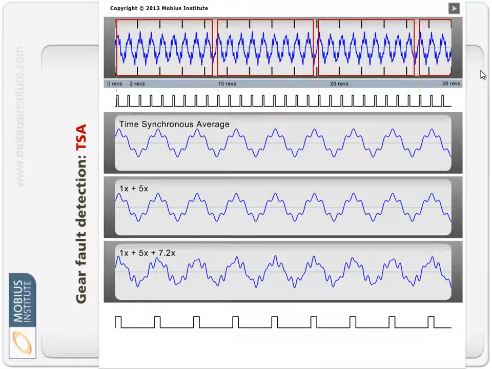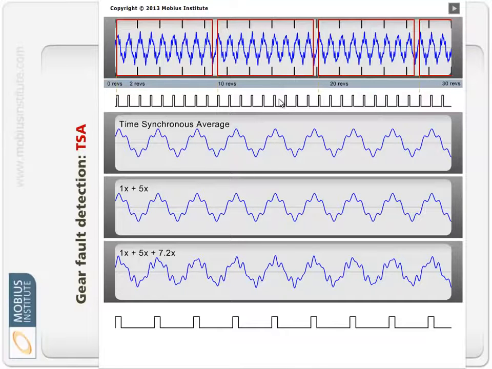You still need a once per rev reference signal that comes from the gearbox, at least for one of the shafts. But you can either use a tracking ratio synthesizer, or your analyzer may have the internal smarts to do it.